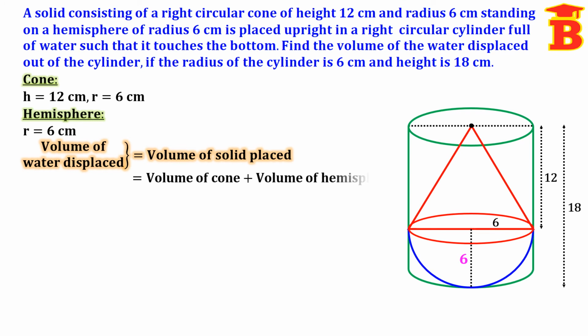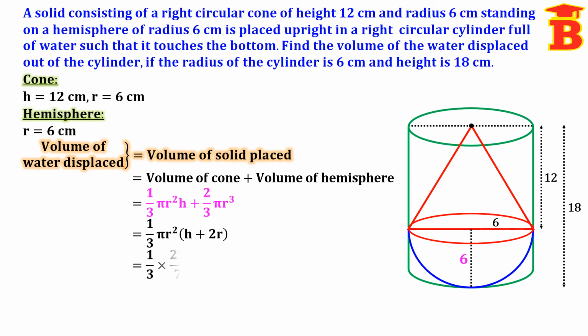So that is equal to volume of cone plus volume of hemisphere, equal to, write the formula, volume of cone is 1 by 3 pi r squared h plus volume of hemisphere is 2 by 3 pi r cube. Now let us take 1 by 3 common outside, and also we can take pi r square common outside, into we have h plus 2r.